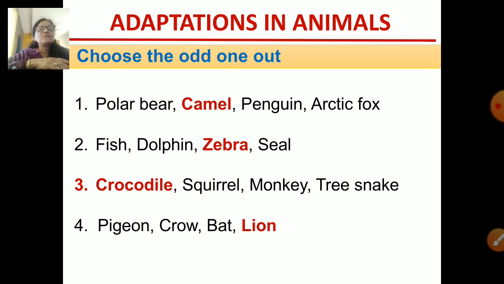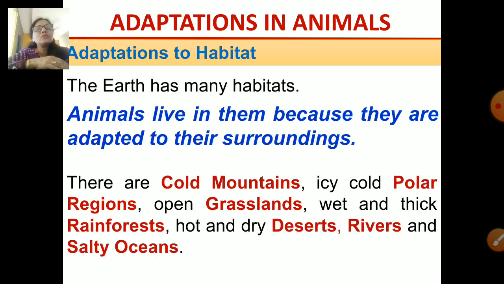Right? Fine. So coming to the next part, we have to today discuss the adaptations which are found in animals which belong to different habitats. Okay, and as you know, the animals are able to live in different habitats only because they are able to survive.